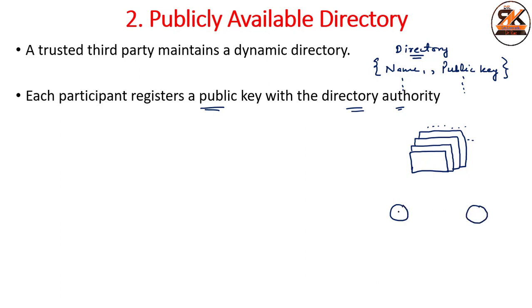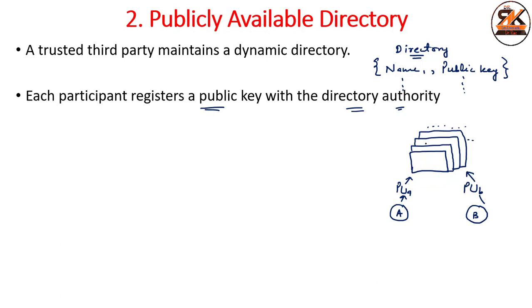Here, for example, you have user A and user B. User A will send its public key to this authority, and similarly user B will send its public key to this trusted third party which is maintaining the dynamic directory.